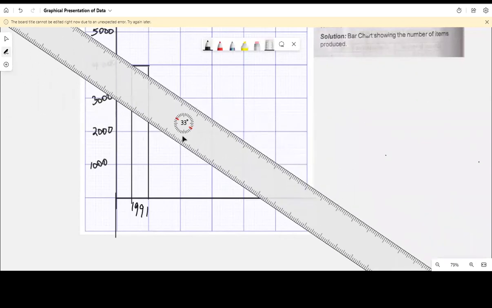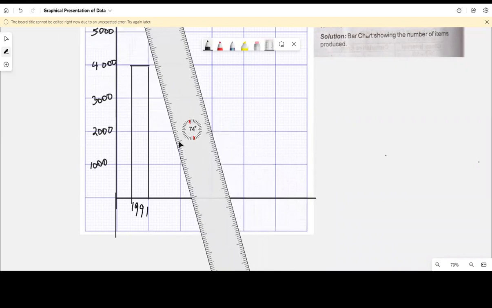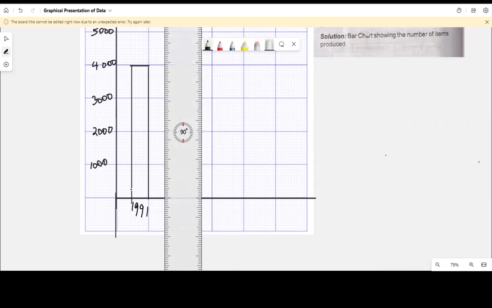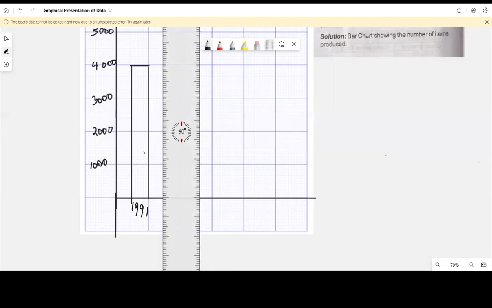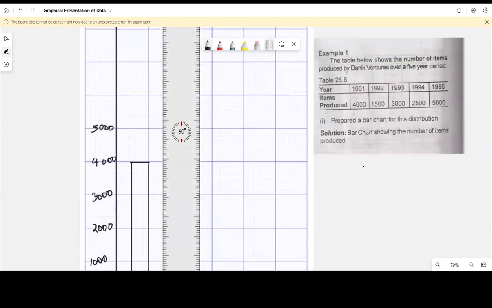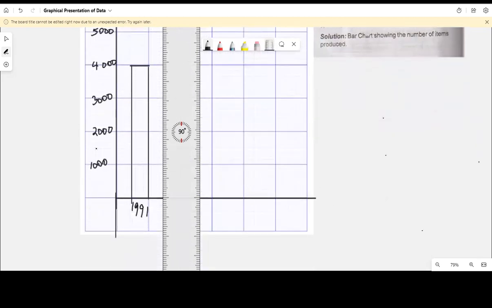So the next bar will be in the middle of the gap. If you are using your graph book, you will see a bold line that you can pick, or you count the number of boxes. How many boxes do I leave here? 1, 2, 3, 4, 5. So I will leave 5 boxes here. If I draw the next one, 1, 2, 3, 4, and 5. So my next line should start from here. Now the data I want to represent, what is the value? 1,500. This is 1,000.